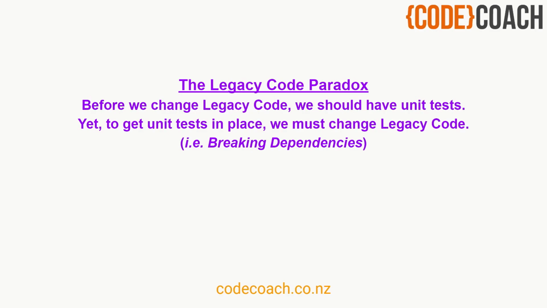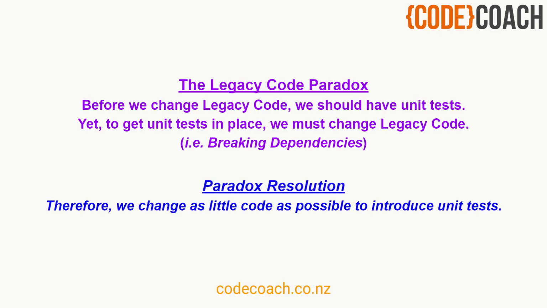So we need to break some dependencies that are problematic and stop us from writing unit tests around the legacy code before we can put that in place. How do we do that? Well, the resolution to the paradox is simply that we must go ahead and make some changes.